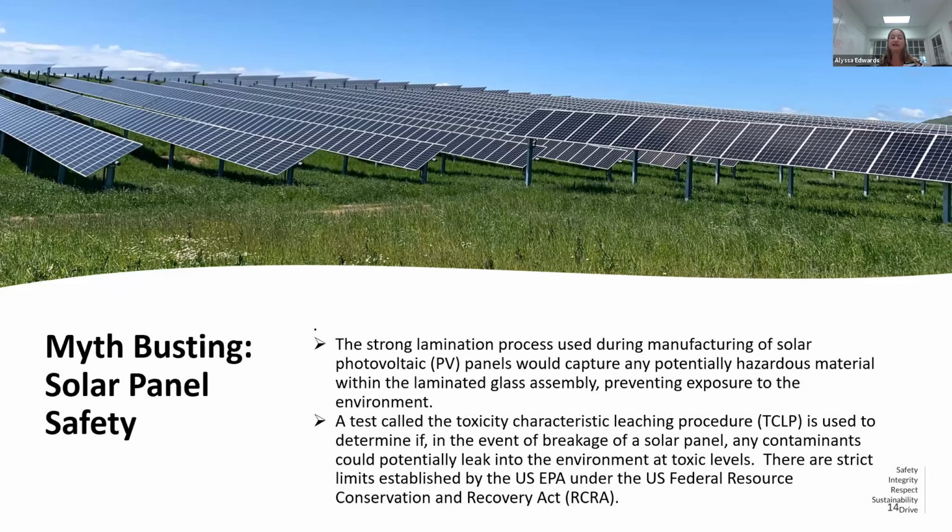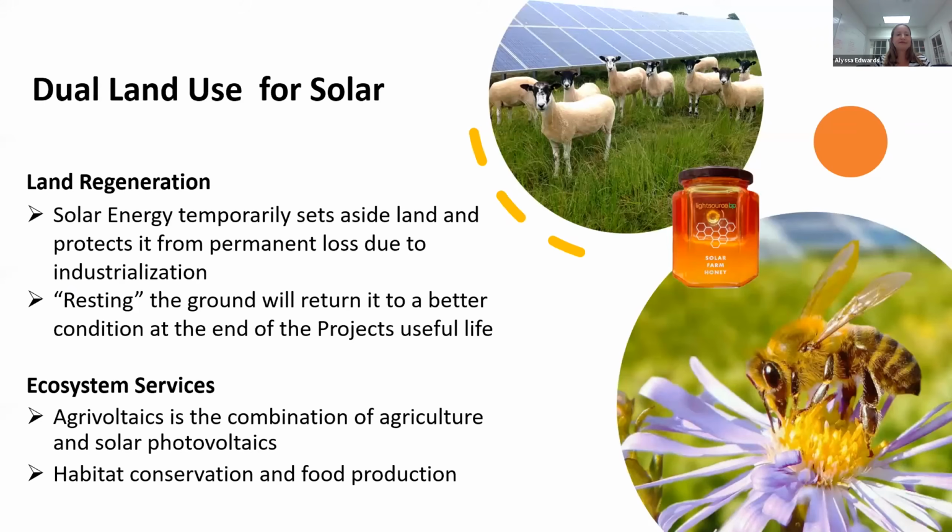It's called the TCLP, Toxicity Characteristic Leaching Procedure. I can speak for Lightsource BP that all panels that we use pass this test. This test is to determine if panels will leach in landfills and thus also on the landscape.